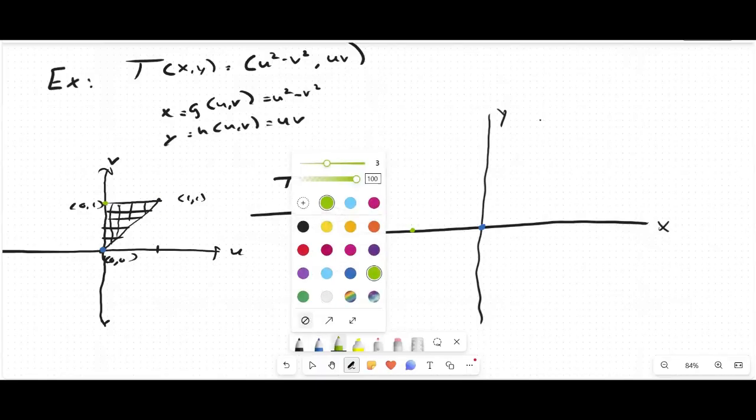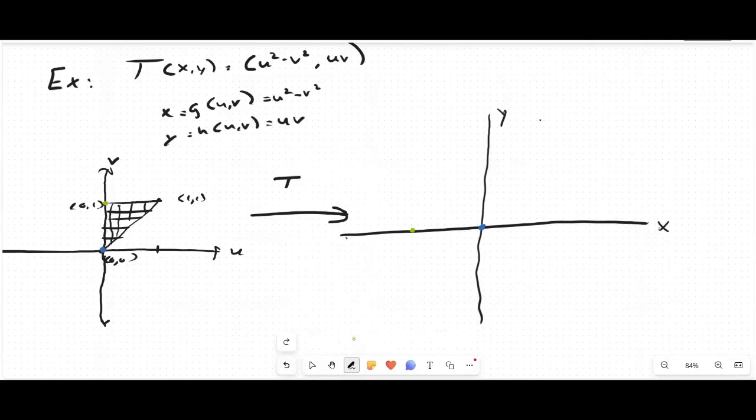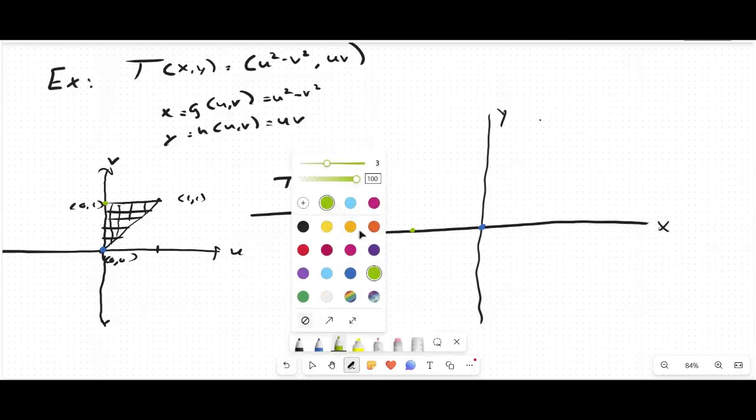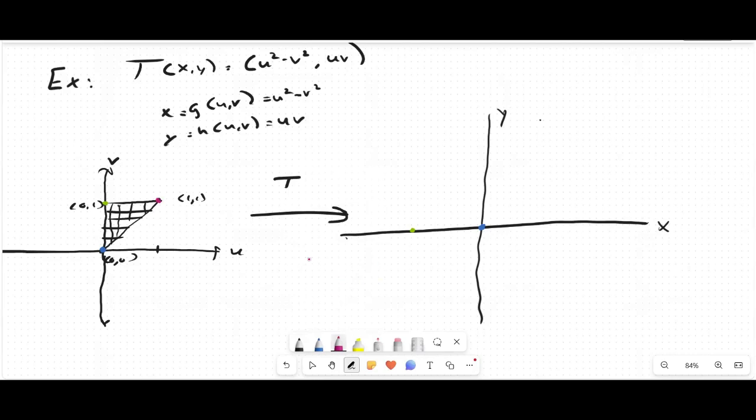Give me one more. Let's do 1, 1. Now, where does that point go? Well, 1 squared minus 1 squared is 0, so x will be 0. But 1 times 1 is 1. That's 1, 1 right there. I should have labeled these, at least the two non-origin ones.